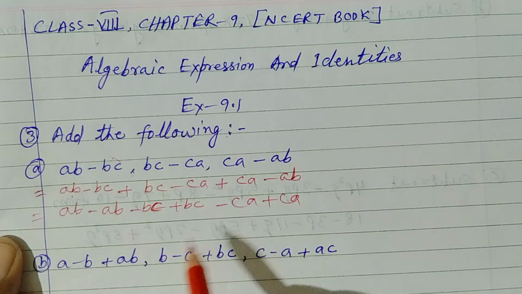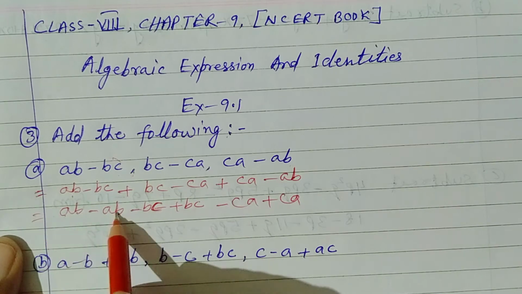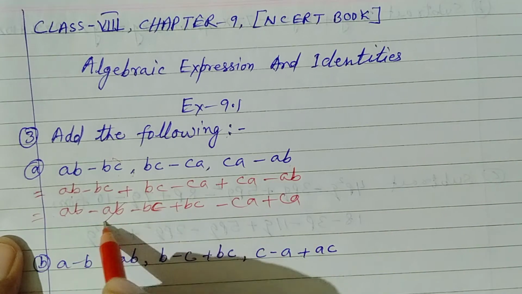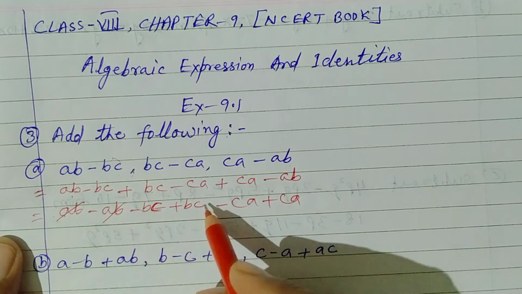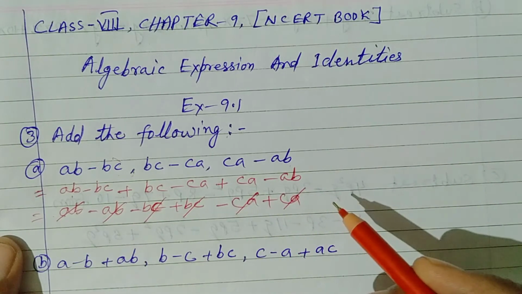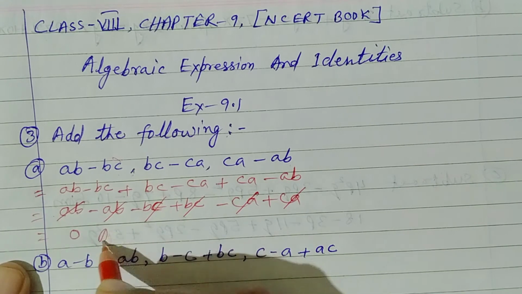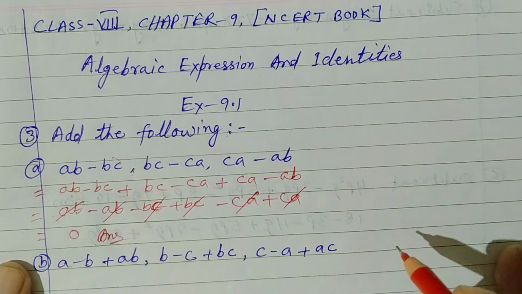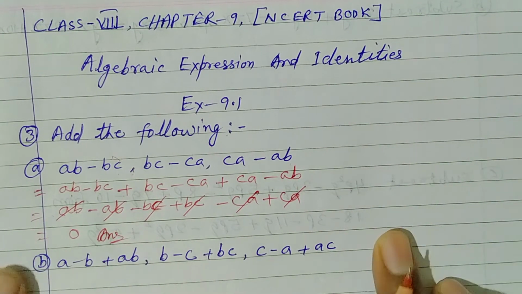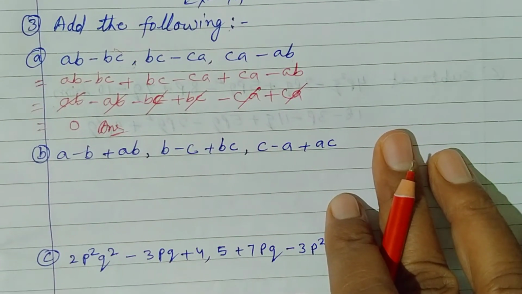After that we can see this is plus AB and this is minus AB, so this will cancel. Minus BC plus BC will cancel. Minus CA plus CA will cancel. So this way all get 0, and this is the answer. This is very easy, children. Do not worry.